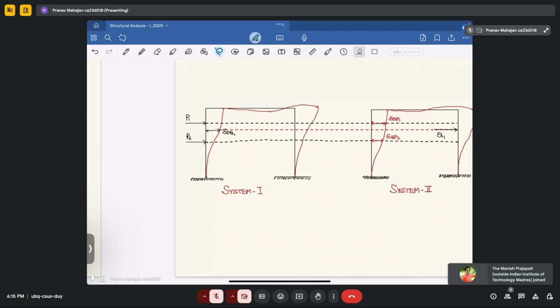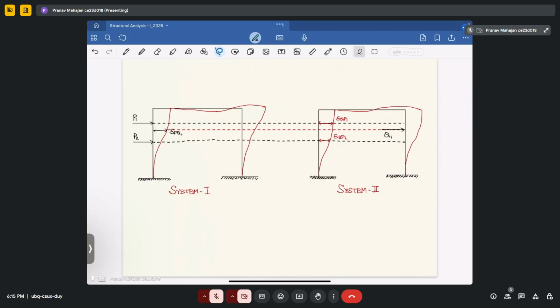So, giving you a little bit of description of how this Muller Breslau principle works. Suppose you have one portal frame, subjected to two concentrated loads P1 and P2. Due to this P1 and P2, the deflected shape of the portal frame is given by these red lines.